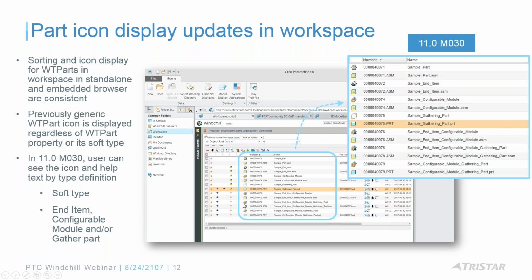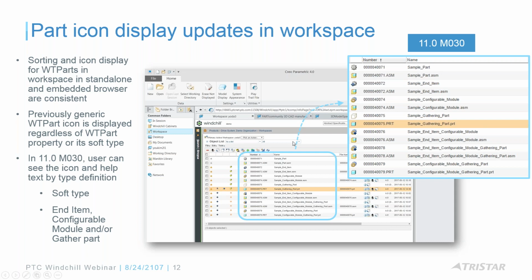So previously in my workspace, Windchill only displayed the default gray gear icon for everything. So even if I changed that icon to be something else, one typical example was an end item. Right? An end item has this little blue box beside it to show me that it's a top-level object. Those wouldn't be displayed inside of the workspace as an icon.